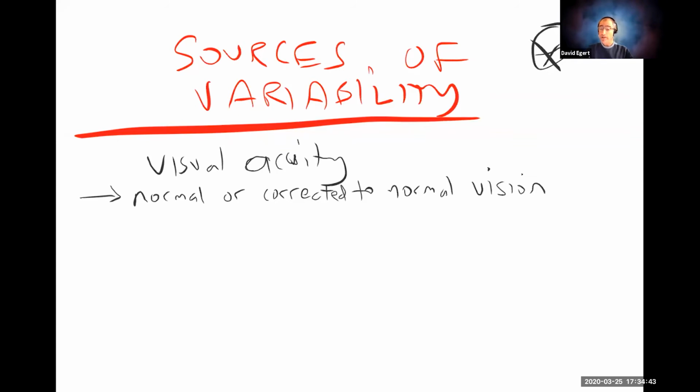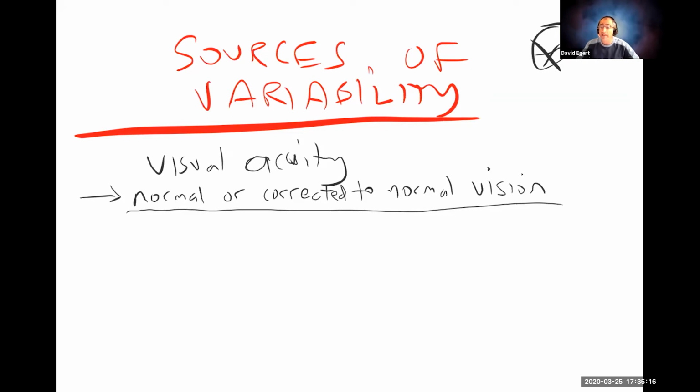Otherwise, when you're interpreting the data later, someone could say, how do I know I trust this? Maybe they just don't see that well. That's why we have differences between these subjects. It wasn't about the brightness. It's just somebody has really bad visual acuity and they weren't wearing their glasses. But if we say ahead of time, nope, your subject has to have normal or corrected to normal vision, then I have now controlled for that source of variability. So this is why you have to do this ahead of time.